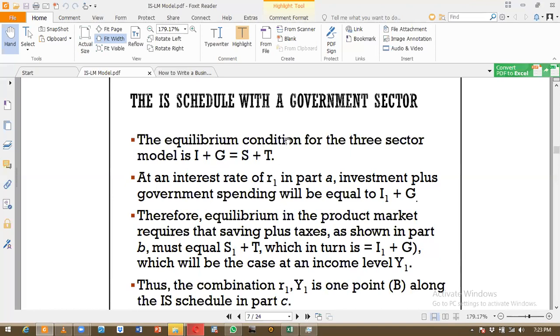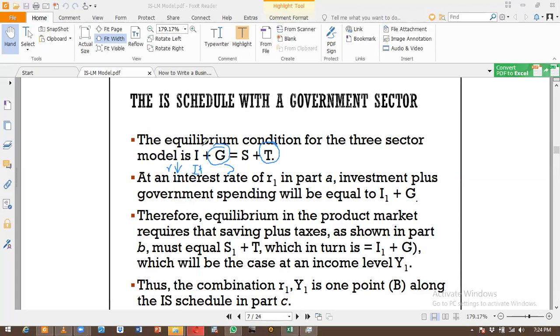When interest rate changes, it just affects the level of investment. Assuming there's a reduction in interest rates, this is going to be seen as an increase in the level of investment, which means that this whole part is going to be greater than this part. Government expenditure is taken as autonomous, and T is taken as autonomous.